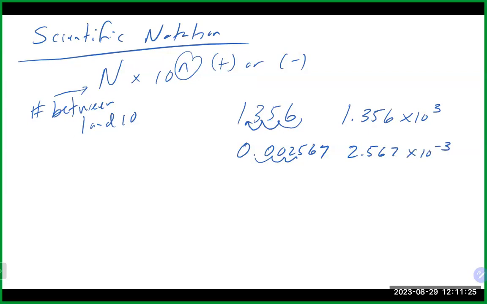Large numbers, right, have positive exponents. Smaller numbers have negative exponents. If you move it to the right, that is going to be a negative exponent. If you're turning it into scientific notation, if you move to the left, it will be a positive number. Why did I keep all the numbers on both of those?